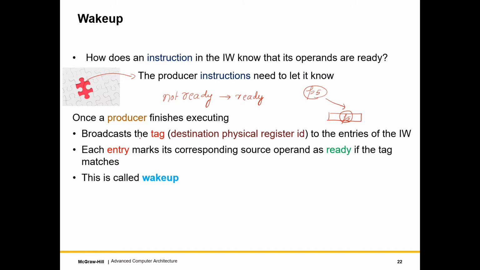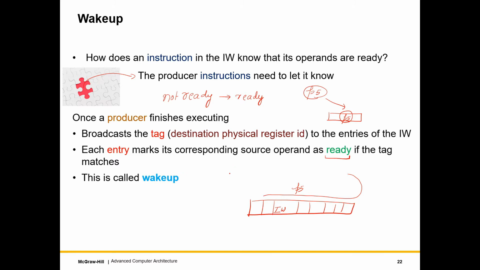The tag is nothing but the destination physical register ID, as we have seen, to the entries of the instruction window. So if this is the instruction window, all the entries are kind of listening, and once P5 is done, it is broadcast to all of them. All the entries check if P5 is one of their sources.